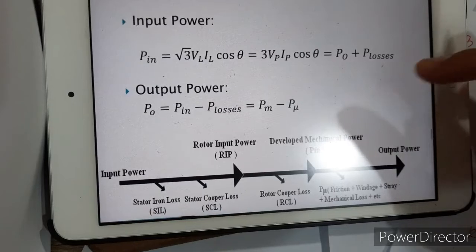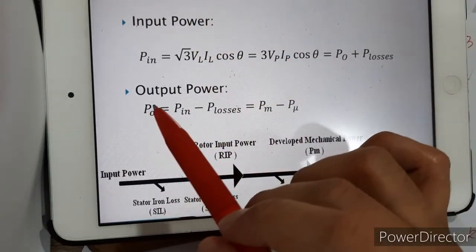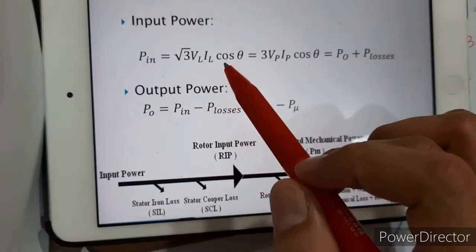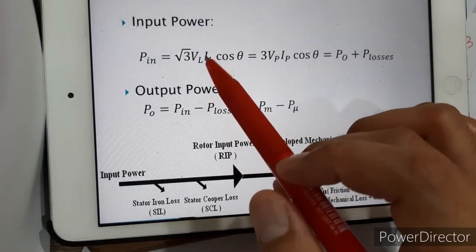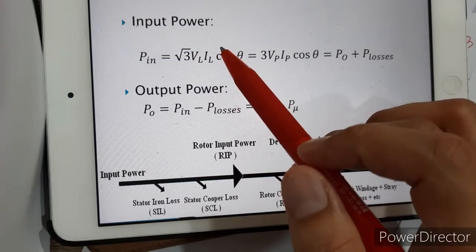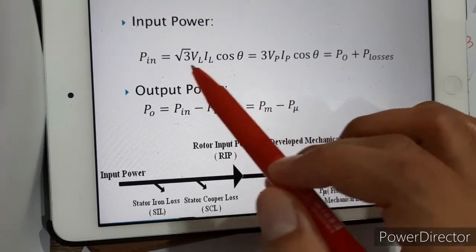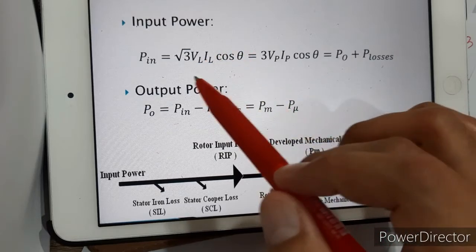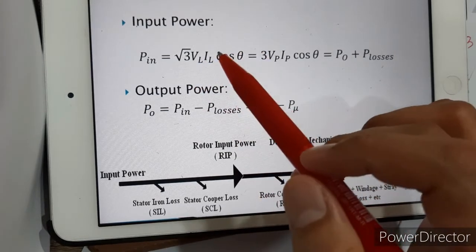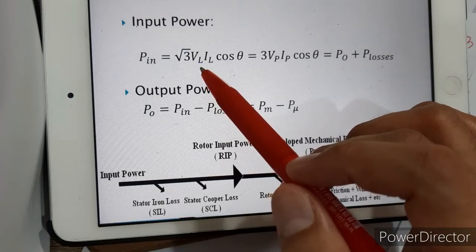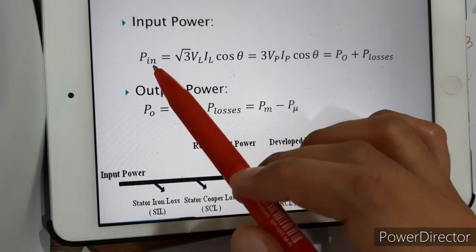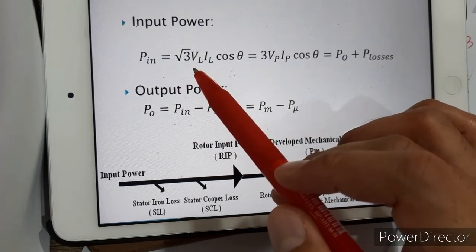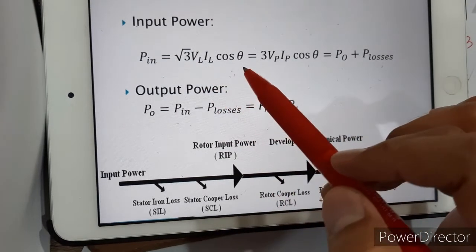Okay, so next is in terms of input power. For the motor, the power comes from the supply. The supply is fixed, because it comes from our utilities. In Malaysia it is from TNB. So actually we can know the value for the supply. So input power P is equal to square root of 3 VL IL cos theta.